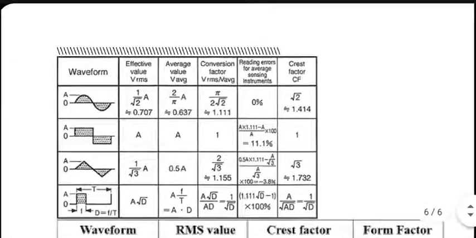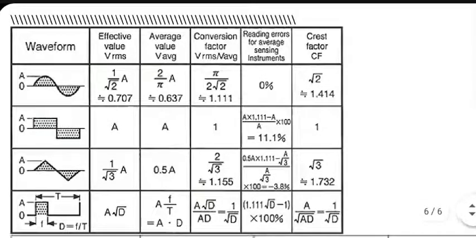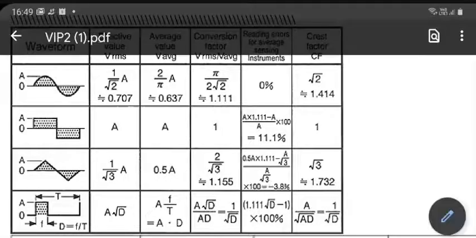Now, for various waveforms, these are well-known results. You may not have proven each one of them, but this table is very helpful in many cases. Effective value means RMS value. For sinusoidal signal, you know all these formulas, I'm sure. Peak value divided by RMS value is the crest factor, and so on.